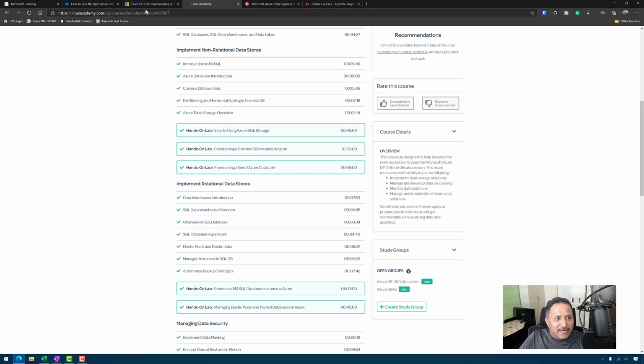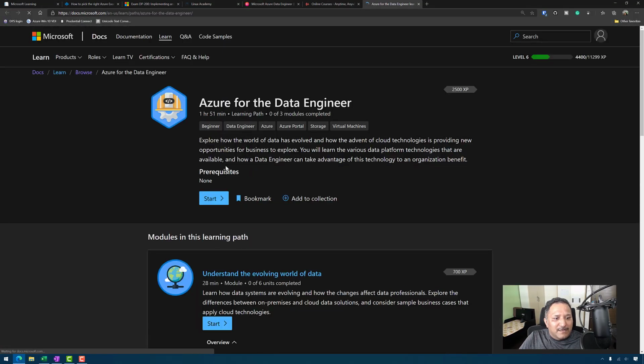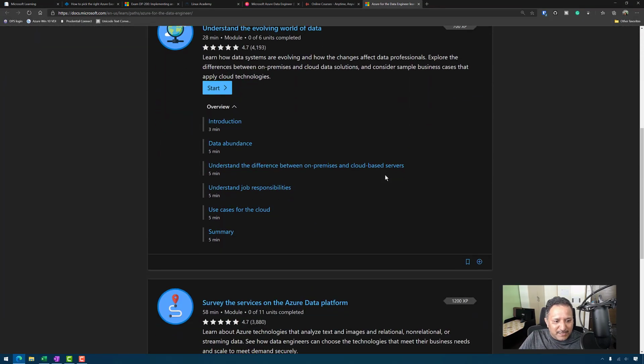The other place where we can get these hands-on labs or a similar feature is in the learning paths of MS Learn. So let me pull out one of these. These also have hands-on labs, but they are limited to a number of hours.